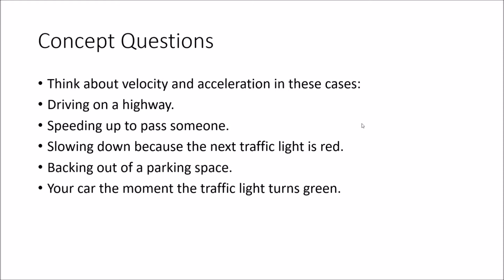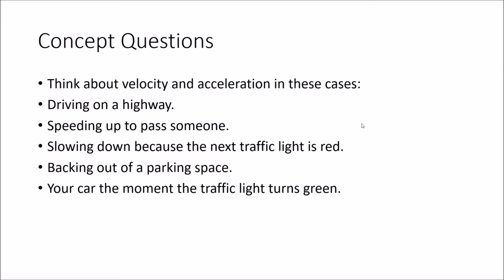If you're passing someone, your acceleration should be positive because you're speeding up. Your velocity is still presumably positive. I'm again hoping that you're not driving down this highway going in reverse, but also speeding up in reverse. That would be even worse. So we'll assume that your velocity is positive and your acceleration is positive.